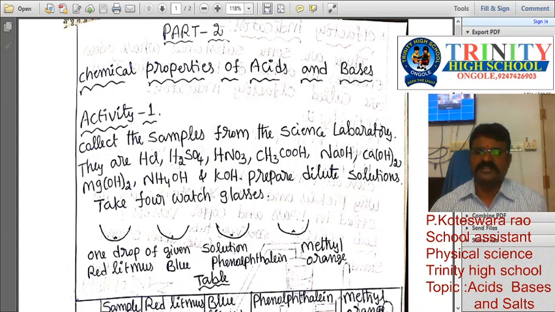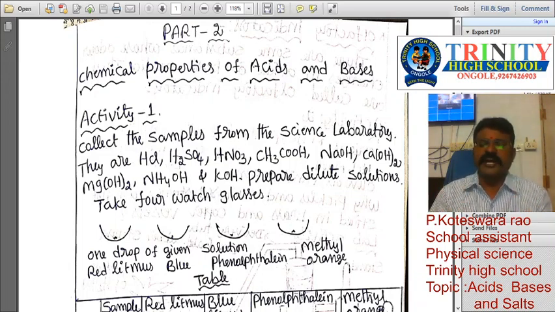Ca(OH)2 calcium hydroxide. Mg(OH)2 magnesium hydroxide. NH4OH ammonium hydroxide. KOH potassium hydroxide. These are all the samples which we took from our laboratory.